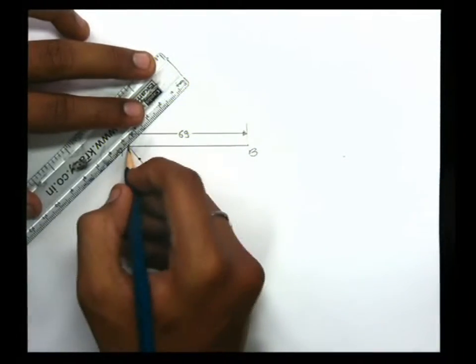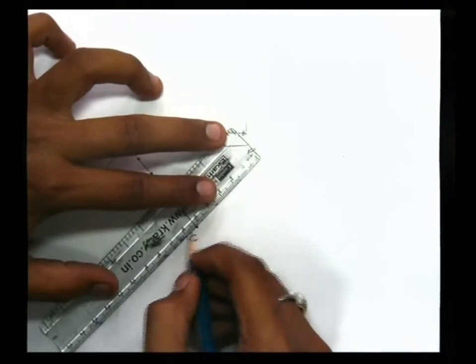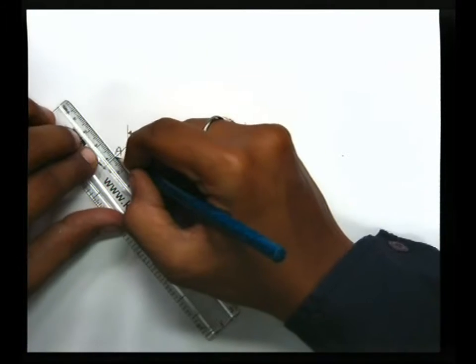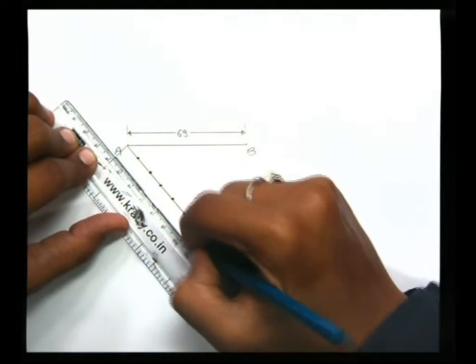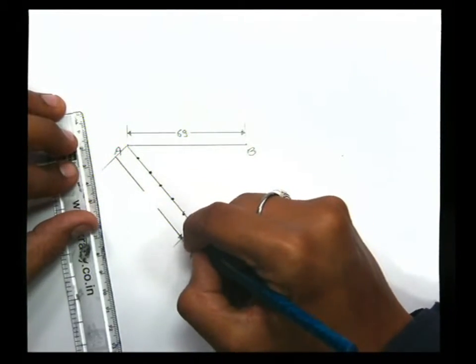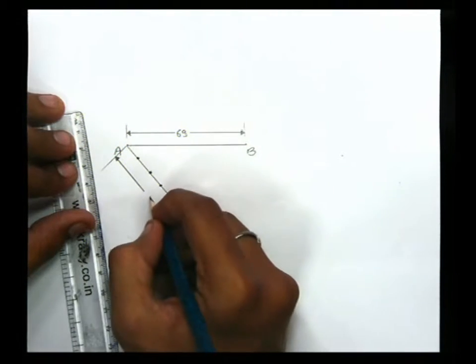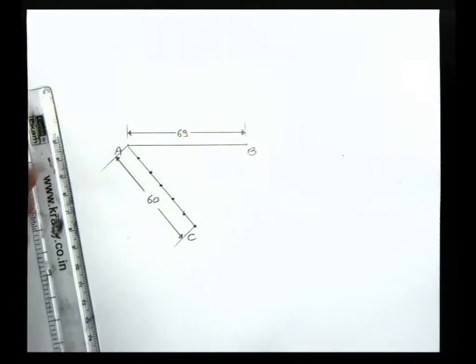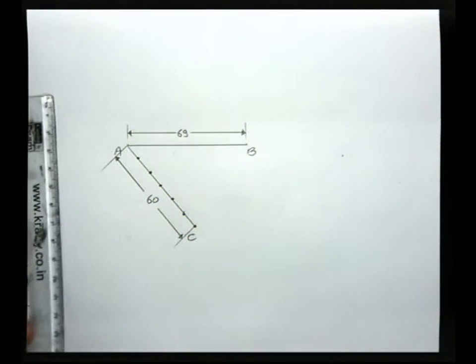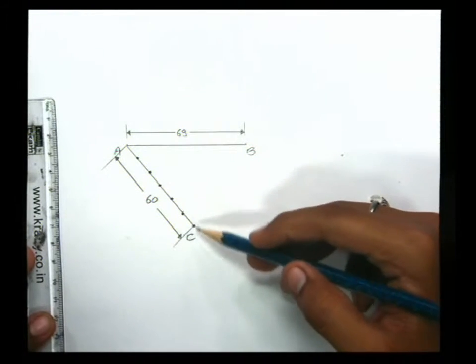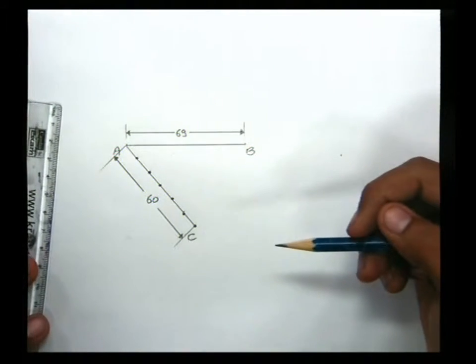Give it a dimension as well. This line would be 60 mm long. Now when we look at this, we can divide this line AC into 6 equal parts very easily.